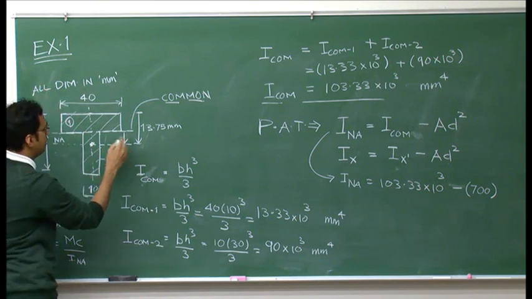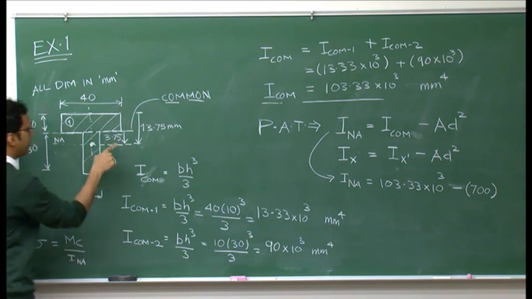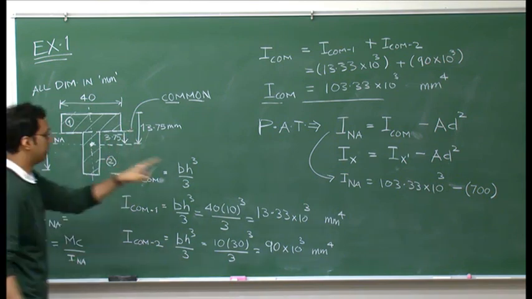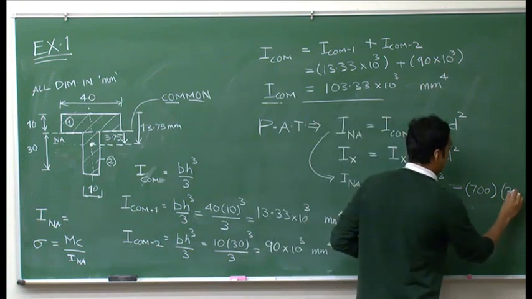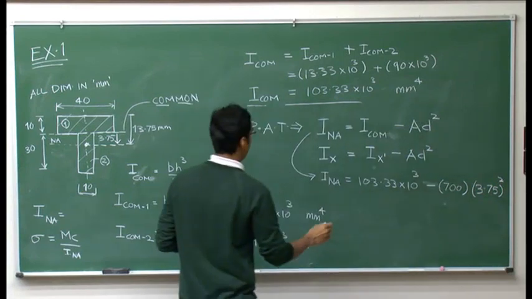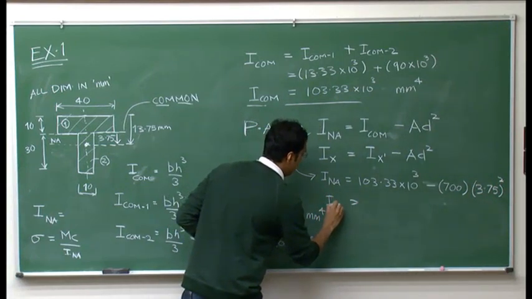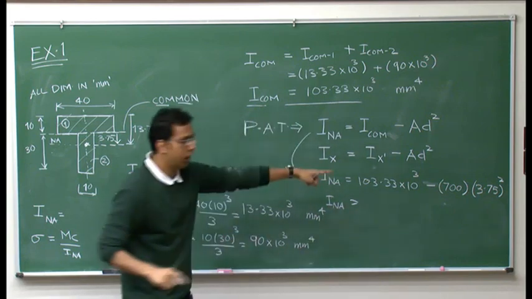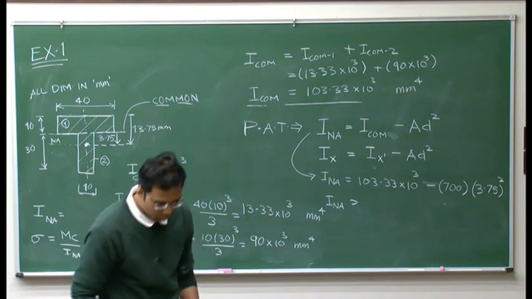So this distance is basically 3.75 millimeter, the distance between the two parallel axes. So we are going to substitute it here, 3.75 square. Now the problem is basically solved. If you do this calculation, you will get a number which is 94.755.